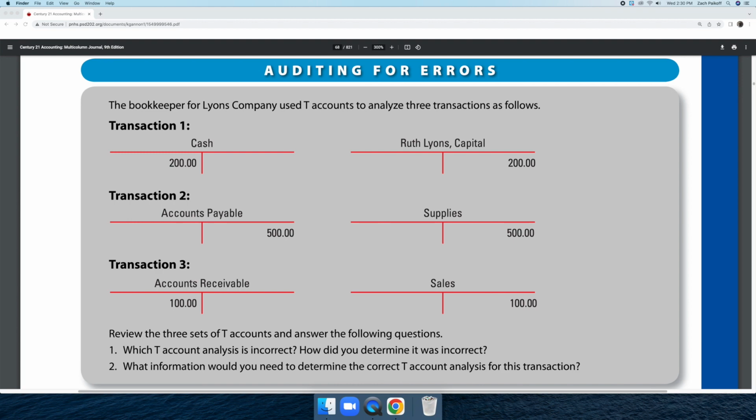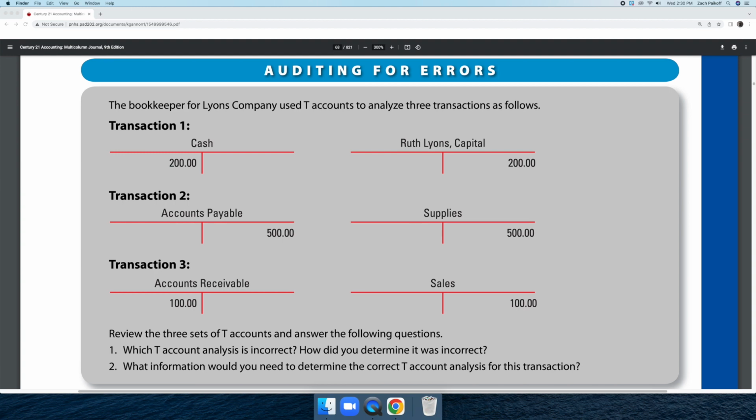Additionally, the instructions are also asking us to review the 3 sets of T accounts and answer the following questions. Question number 1 is asking us which T account analysis is incorrect and how did we determine that it was incorrect.